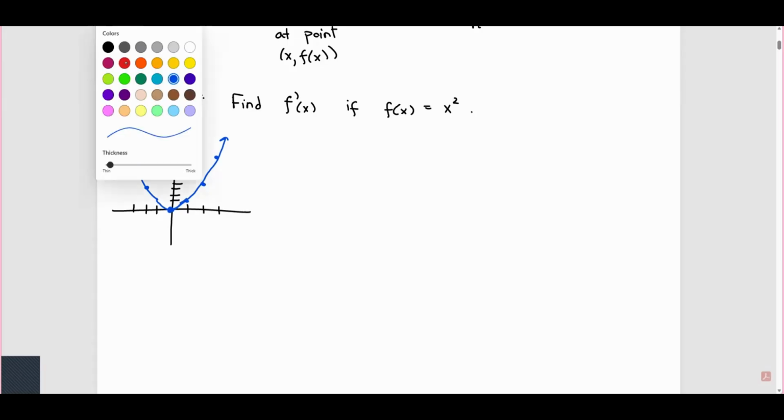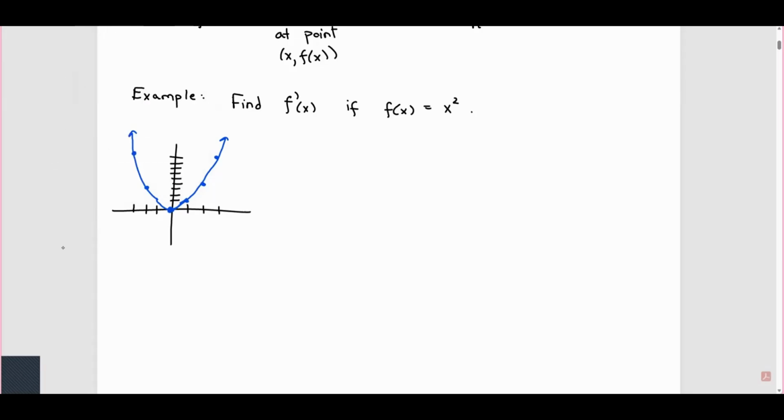Let's think about some other points and what you think the slope of the tangent line would be like. At this point, we see that it's increasing, so the slope of my tangent line should be positive, but maybe pretty small because it's not increasing that quickly. Towards the bottom of our parabola, it increases, or decreases if you're on the other side, pretty slowly.